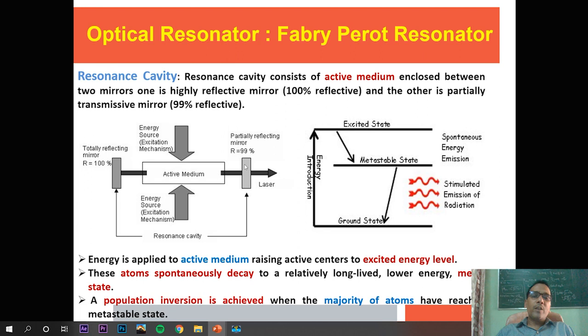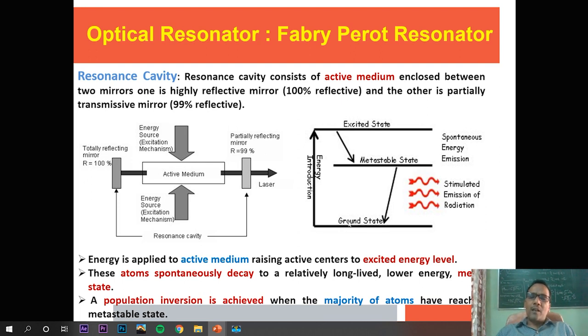This is sandwiched between two mirrors. This is a partially polished mirror, and this is a 100% polished mirror, I mean, a 100% reflector. This is the partial reflector, and we use energy sources, the pumping techniques, on this active medium. The process of the 3-level and 4-level systems occurs inside this particular transparent box.